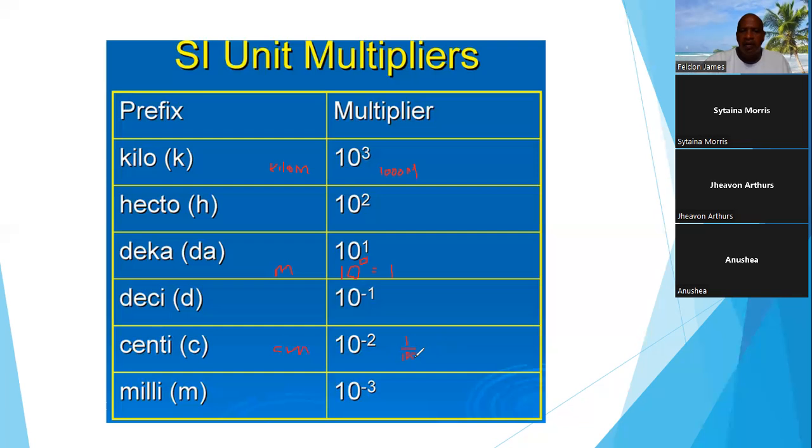What it means then, to get a centimeter, you would cut up the meter into 100 parts, and one part would be 1/100th, and that part is what we call 1 centimeter.